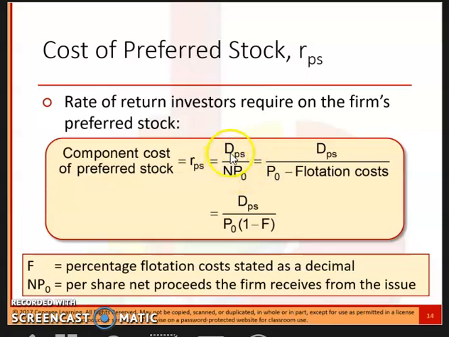In this case, net proceeds would be the price of the preferred stock minus flotation costs. So that would be P0 times 1 minus F. The flotation cost is given as a percent in the problems. NP0 is per share, just to keep that clear.